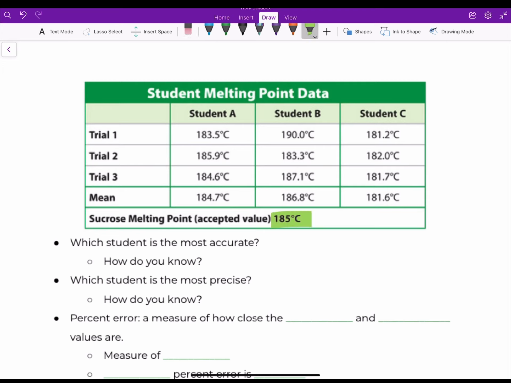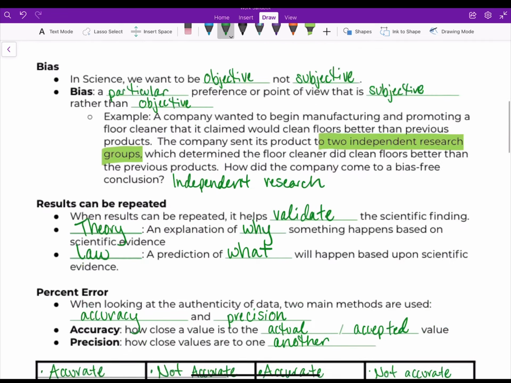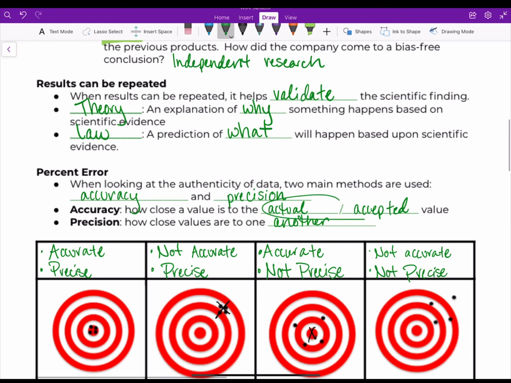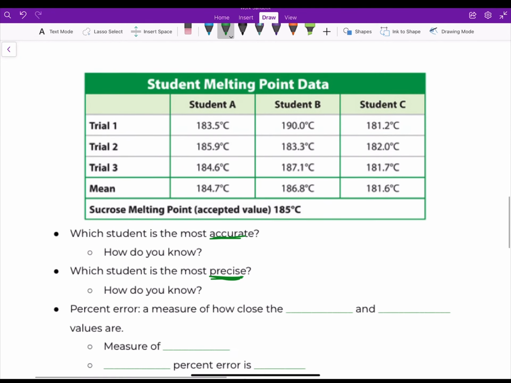So all of these students are gonna go through this trial and see what they come up with for their melting point. So let's find the most accurate and the most precise. The most accurate student is going to be closest to the actual or accepted value.